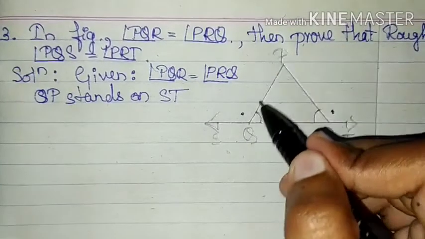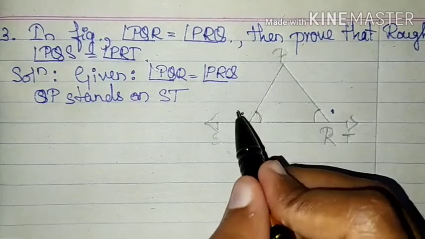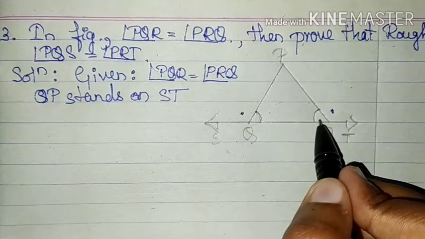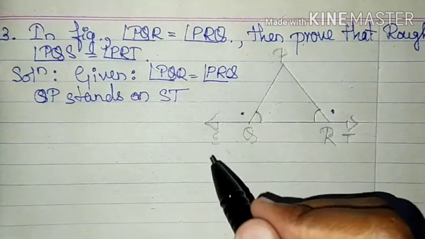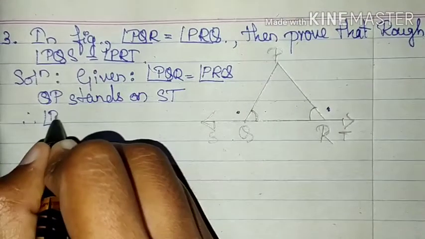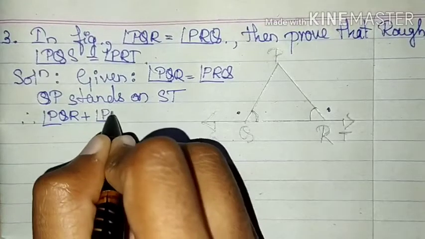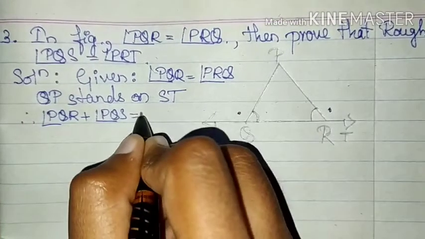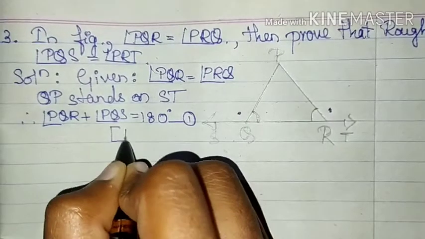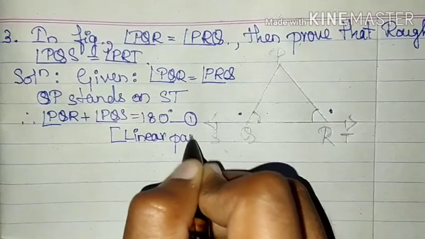This line segment QP stands on the line ST. So it forms a linear pair with angle PQR and angle PQS. So therefore angle PQR plus angle PQS is equal to 180 degrees. This is our equation 1, because they are a linear pair.